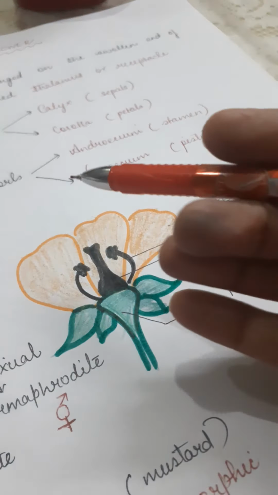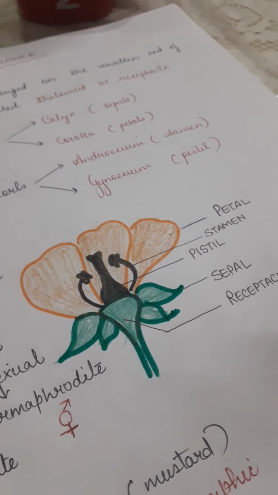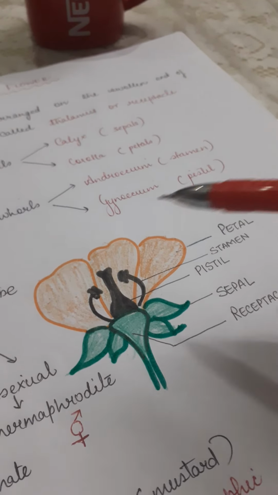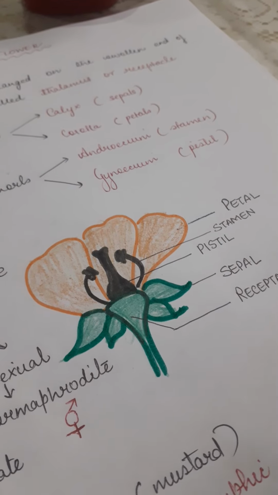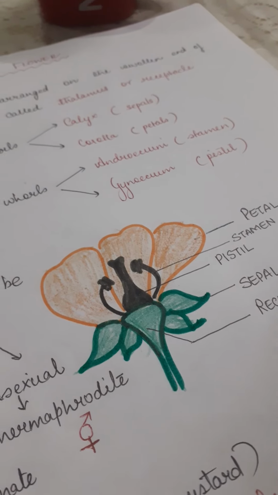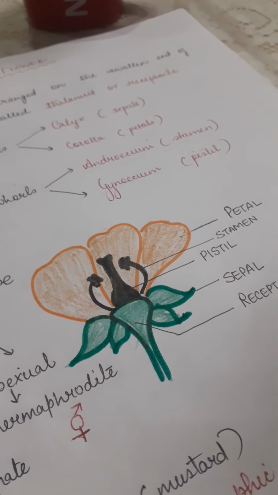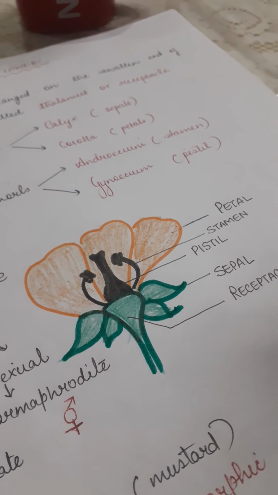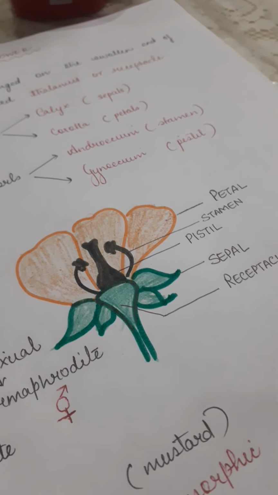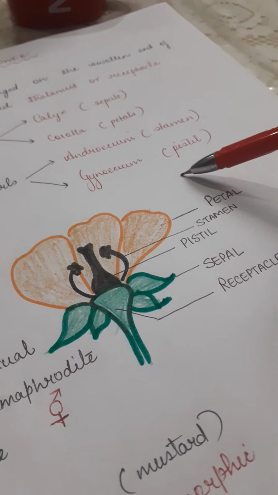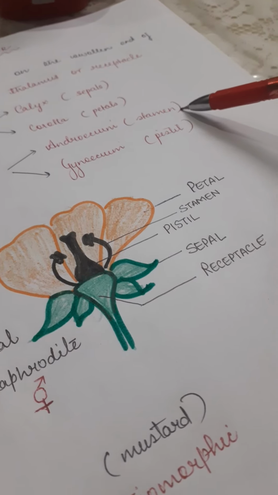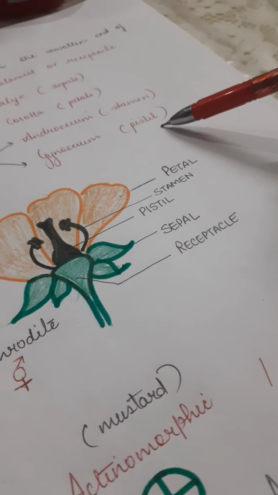You know that a flower is made for reproduction only. Flower is not produced by nature so that we can just pluck them and put them in a vase on our dining table. That is none of nature's business, isn't it? That is for the act of reproduction, so that progenies could increase and species can survive. So the necessary whorls are androecium and gynoecium. Androecium, singularly stamen, and gynoecium, singularly pistil.